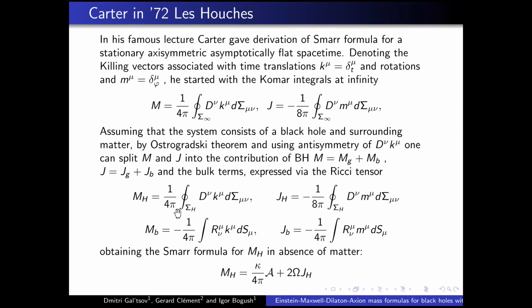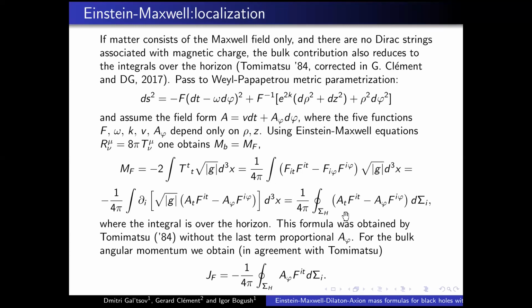And this can be transformed by Gauss theorem to the surface of the horizon and the contribution of the bulk, where R is the Ricci tensor. And if the Ricci tensor is 0, he obtained the formula which is well known. This is the Smarr formula, in terms of the surface gravity and the area of the horizon.